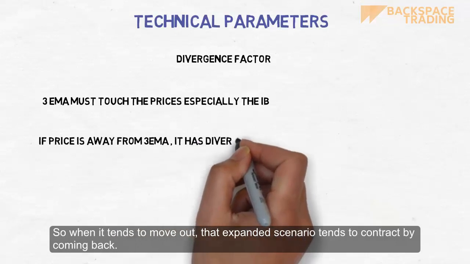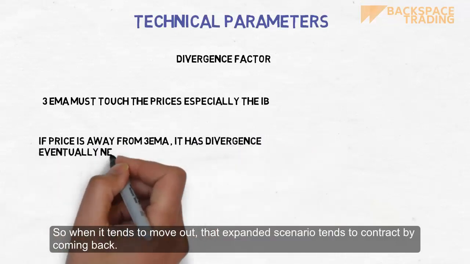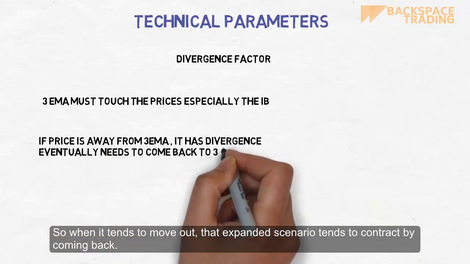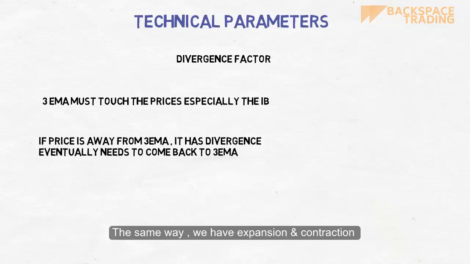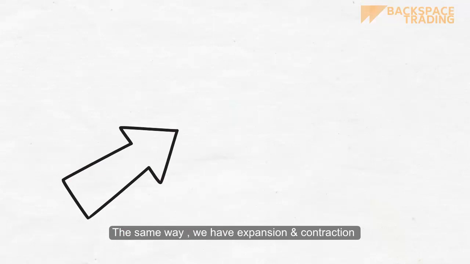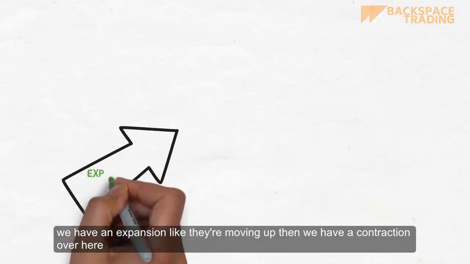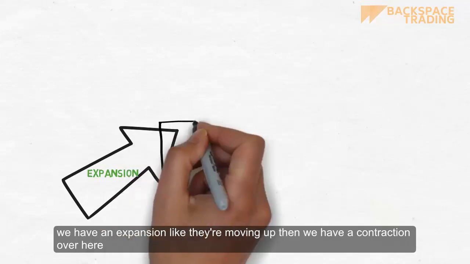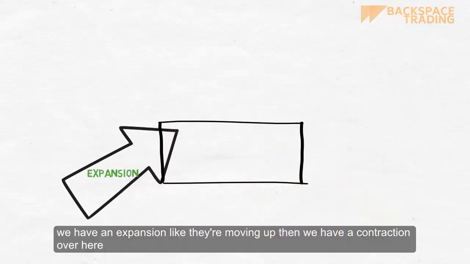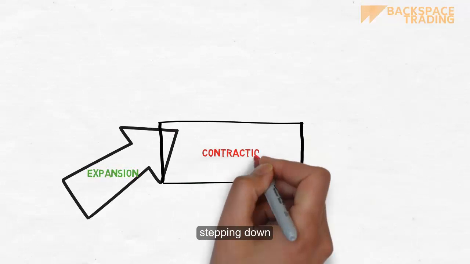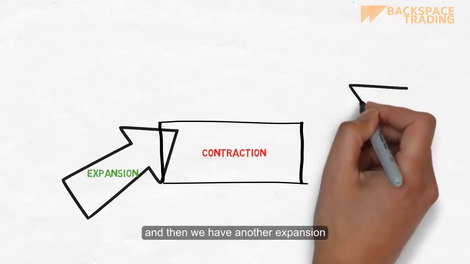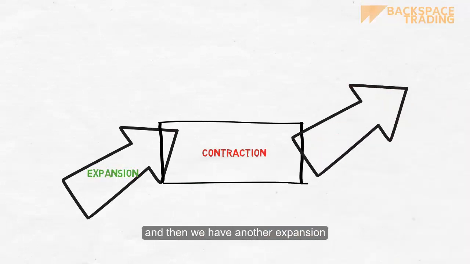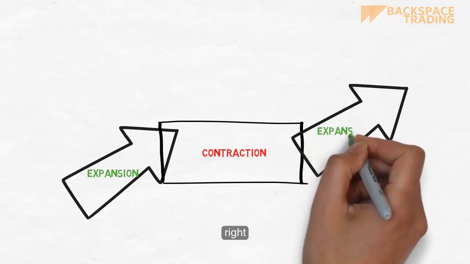So when it tends to move out, the expanded scenario tends to contract by coming back. The same way we have expansion and contraction. We have an expansion like this moving up, then we have a contraction over here stepping down, and then we have another expansion again, right? Got it?